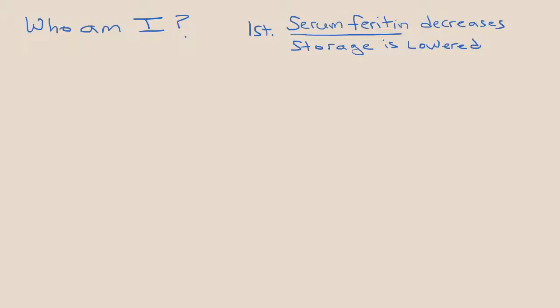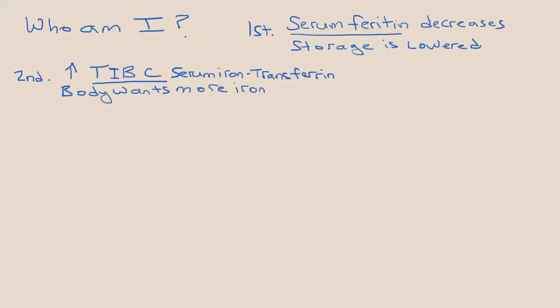Okay, so let's say you get some lab values, the serum ferritin is decreased. That, remember, is an indirect indication of the storage capacity that our organs have. They store iron, but we look at the serum ferritin because we can't measure that directly. Next, our total iron binding capacity increases.